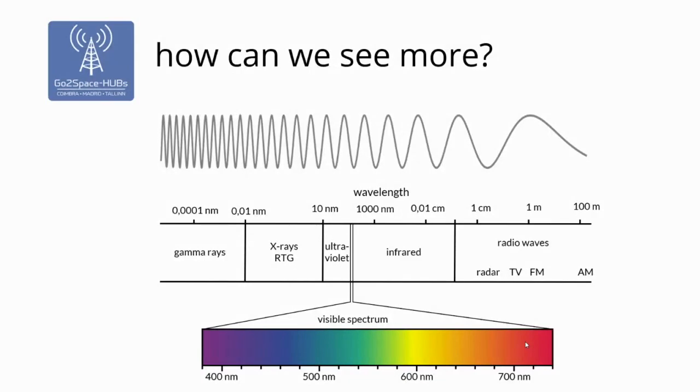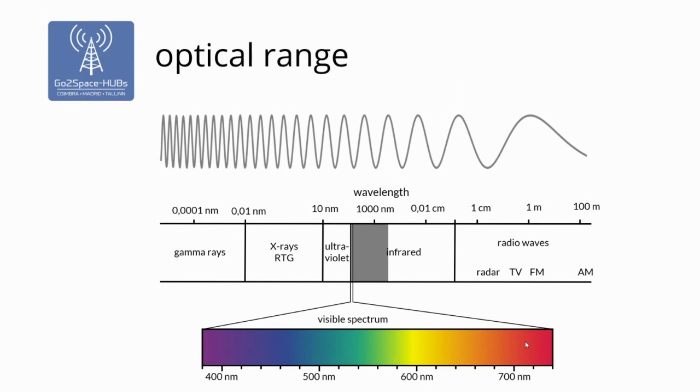So this is how we can see more, combining information from the visible spectrum, why not, but also from the other bands of the spectrum. Of course, we cannot see it with our eyes, but we can build tools, instruments, cameras, antennas, scanners, whatever, to take images and get data about those different properties, different features of the objects of our interest.